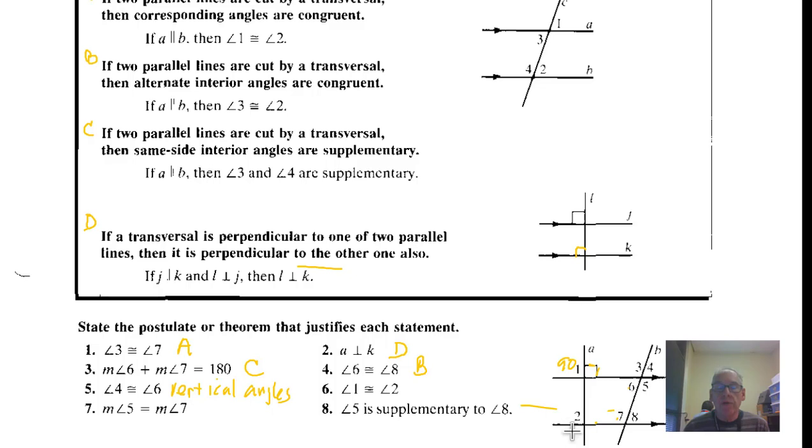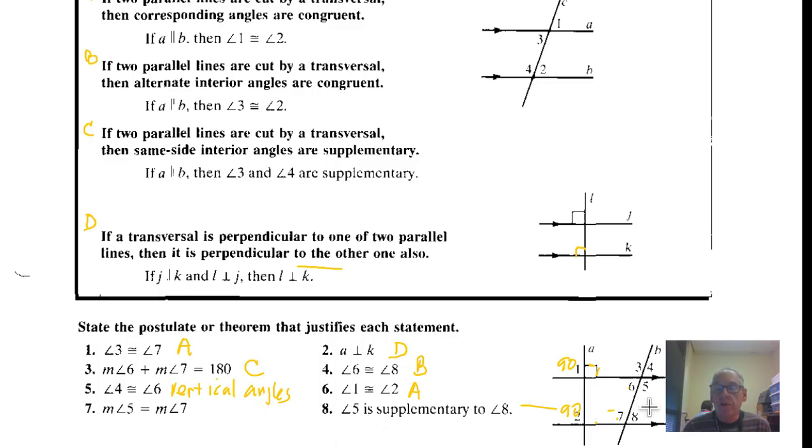And then angle 1 and angle 2 are in corresponding positions, so that lets us know that angle 2 is also 90 degrees. So the end result is that they're corresponding angles, but we could say that they're 90 degrees also using the linear pair idea. But corresponding angles is probably the best choice. That's going to be A.